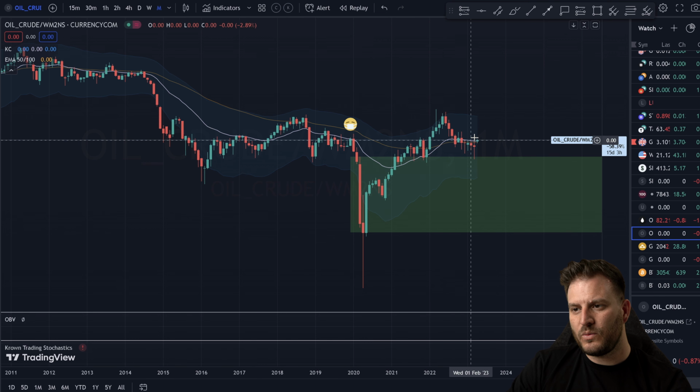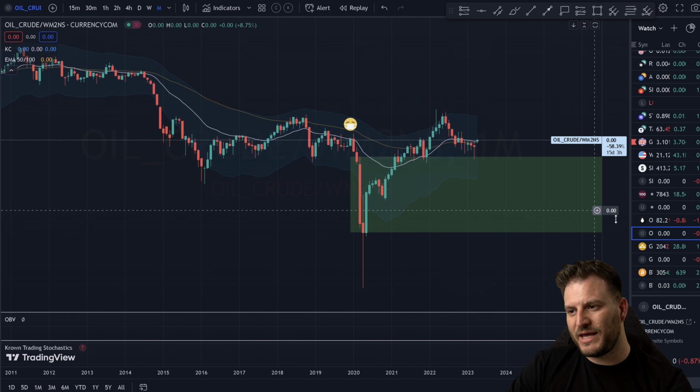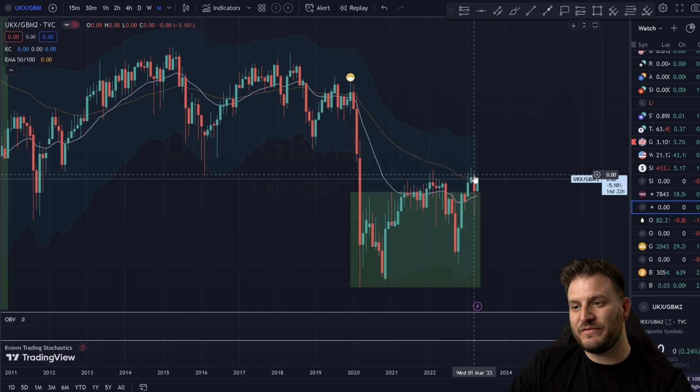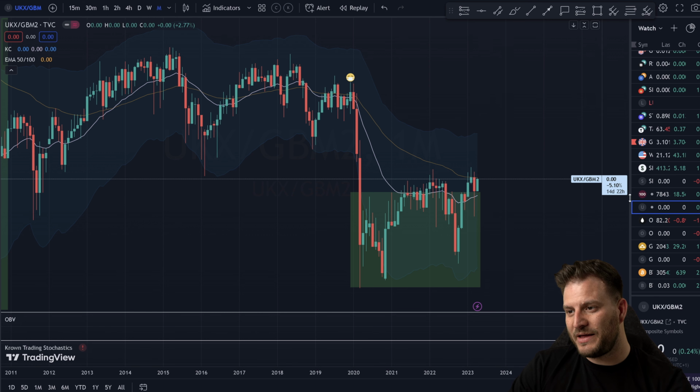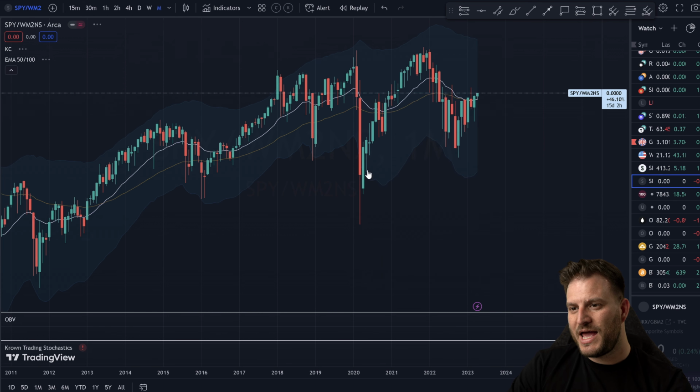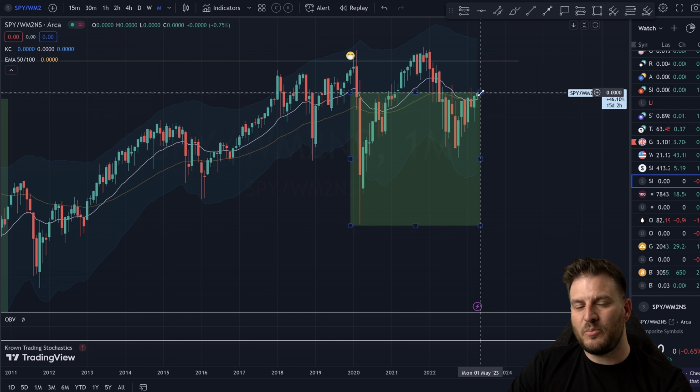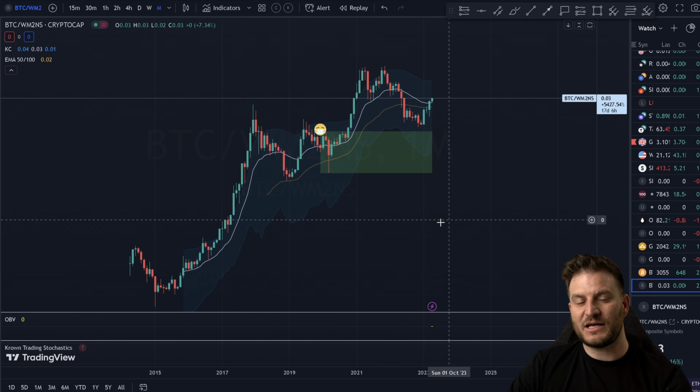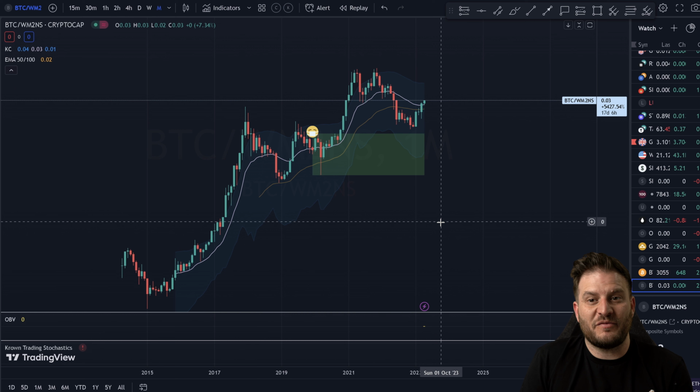Oil, we are below, but basically break even. The FTSE, we're not even anywhere near. Just forget about that, pretend it didn't ever happen. And the S&P, we are below where we were before the pandemic. So Bitcoin is the only investment out of all of these ones we've just looked at that has beaten the amount of money pumped into our system and provided its holders with an increase in purchasing power.